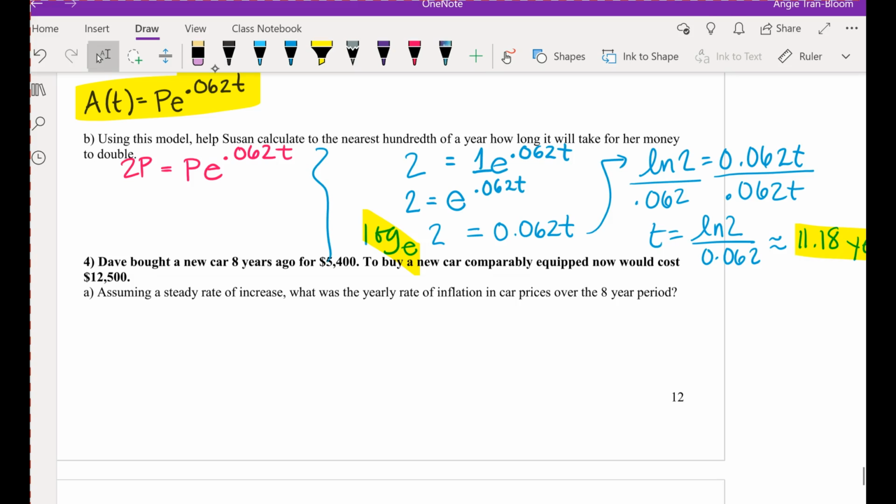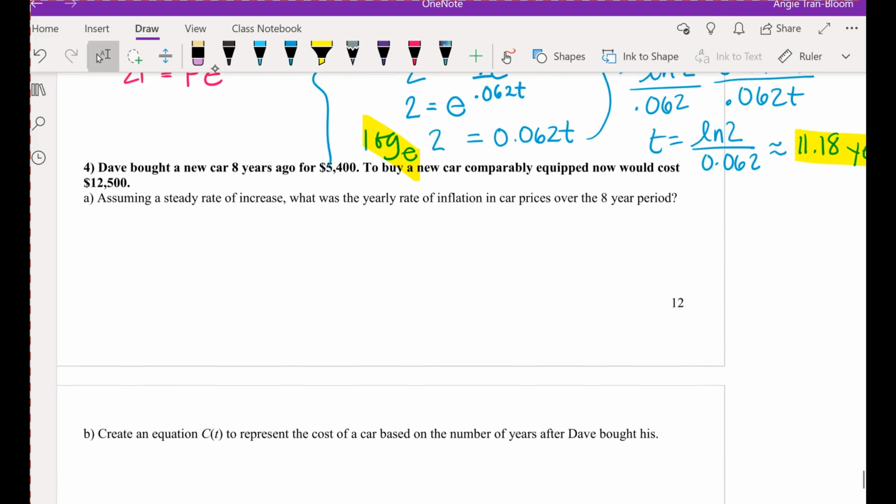It is appreciating. So based on that, Claire, what equation are we going to use? A equals P times 1 plus R in parentheses to the T power. Great. Part A. Help me, Max. Read part A.